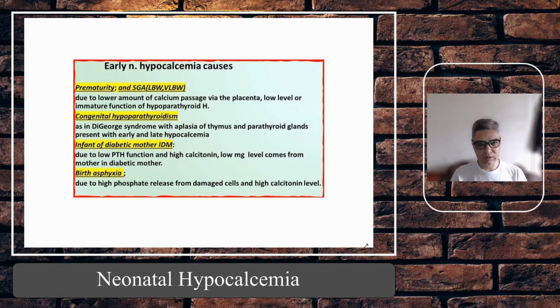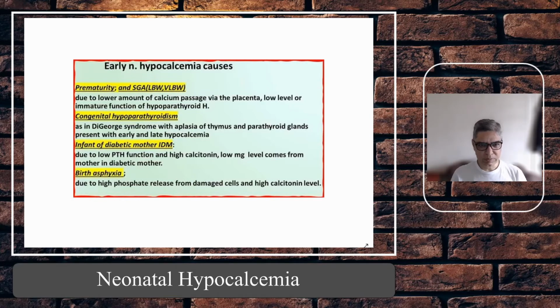The other reason is that they have either a low level or immature function of the parathormone, and if this hormone is low or not functioning properly, they would have a low calcium level in their blood.